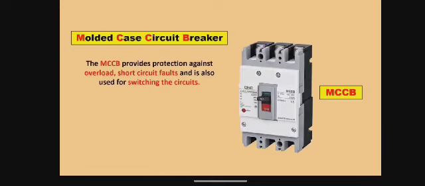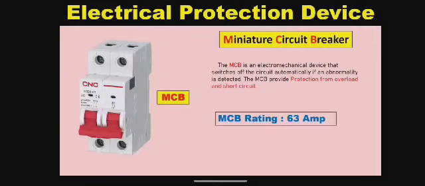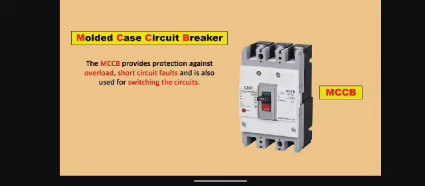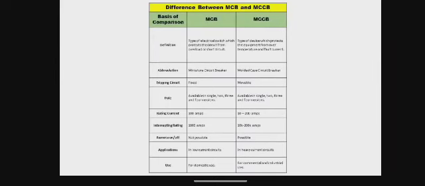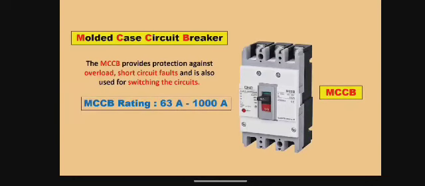It means the protection provided by an MCB can also be provided by an MCCB. You can find an MCCB of even 1000 ampere rating in the market, and you will find MCCBs of higher rating also, because right now there are lots of companies manufacturing MCCBs of more than 1000 ampere.